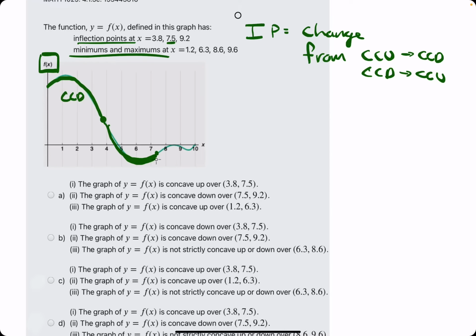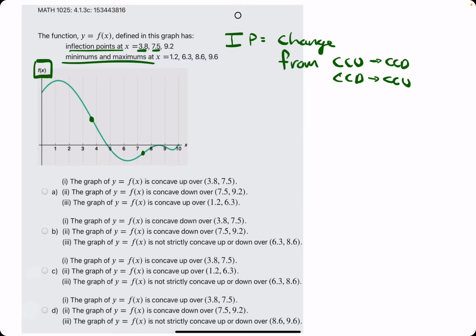They're telling us that the first inflection point is about here, 3.8, and the second one at 7.5. So when we put those dots on there, we can see those separations in concave down, concave up, concave down, and so on.